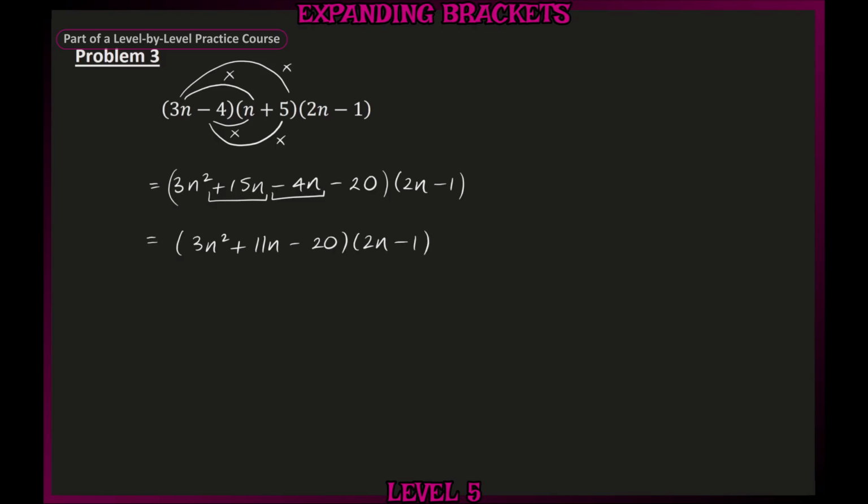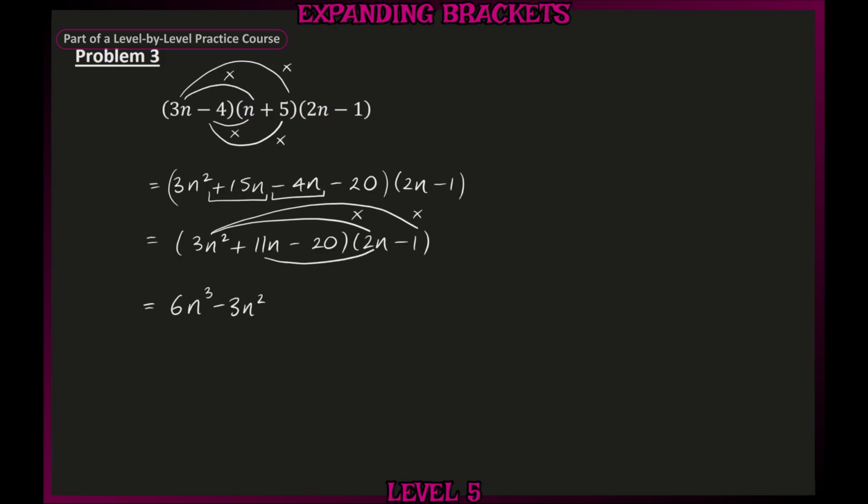We can now expand these two brackets, and we can start off by multiplying 3n squared by 2n. Well, 3 times 2 is 6, and n squared times n is n cubed, so we get 6n cubed. We can now do 3n squared multiplied by minus 1, and that's minus 3n squared.